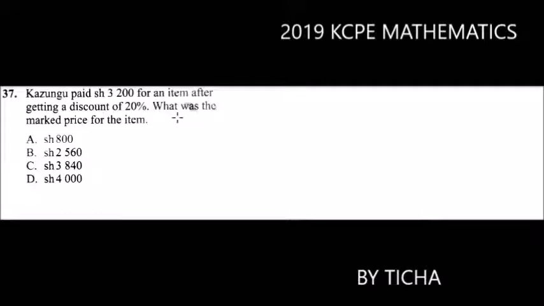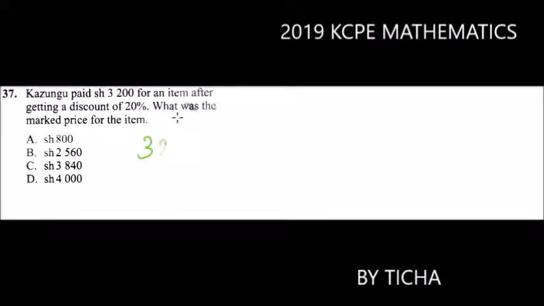Question number 37. Kazungu paid 3,200 shillings for an item after getting a discount of 20%. What was the marked price? This means that since he got a discount of 20%, he paid 80%.